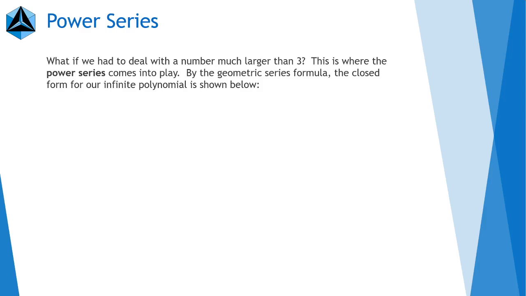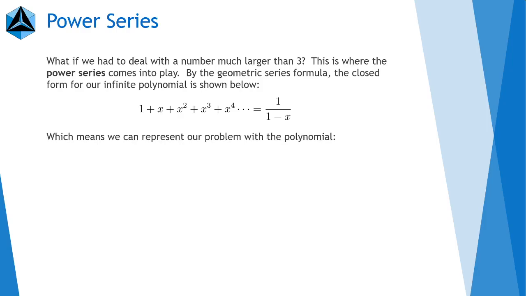By the geometric series formula, the closed form for our infinite polynomial is shown below. 1 plus x plus x squared plus x cubed plus x to the fourth and so on is equal to 1 over 1 minus x. This is true by the geometric series formula, and you'll learn more about this in calculus. So we can represent our problem with the polynomial 1 over 1 minus x, to the fourth.